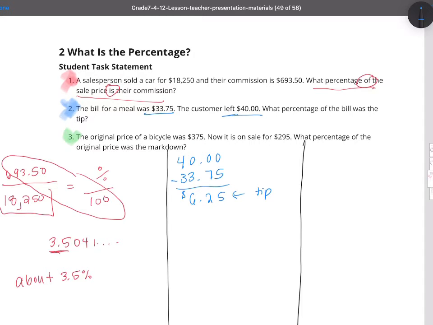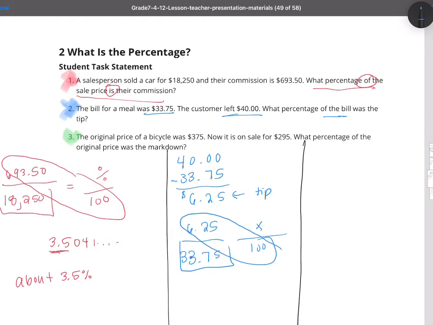Now I could say, okay, this is the tip, $6.25. And they said what percentage of the bill was the tip, and the bill was $33.75, which would be x over 100. And what I want to do is cross multiply and divide by the number in the box. So now I have 625 times 100 divided by 33.75.